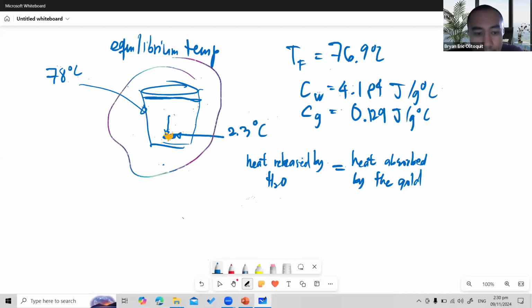So, babalik lang tayo sa formula natin that Q is equivalent to MC delta T. Kung yung heat na release ng H2O, Q ng H2O is equivalent dun sa Q ng gold. Following the same equation, may binigay bang mass? Meron. So we have a mass of water as equivalent to 250 grams.